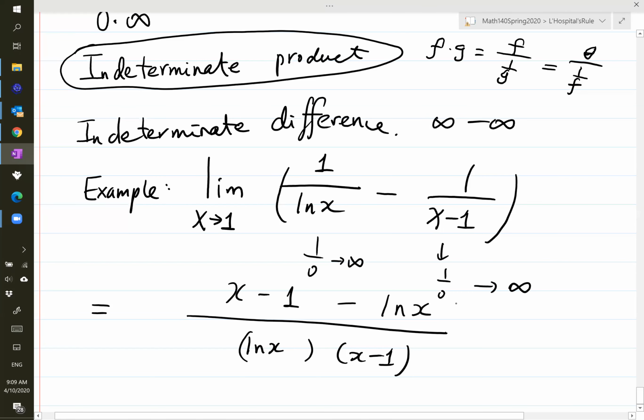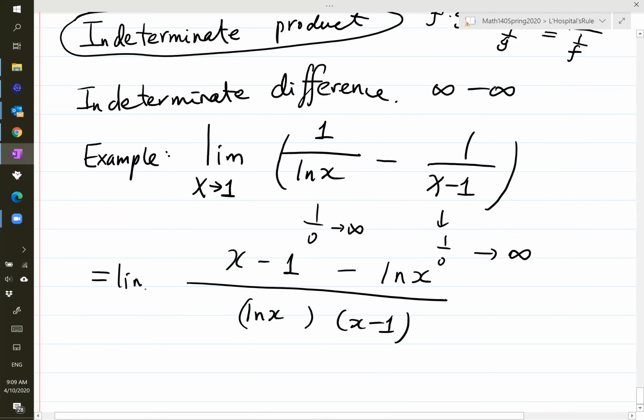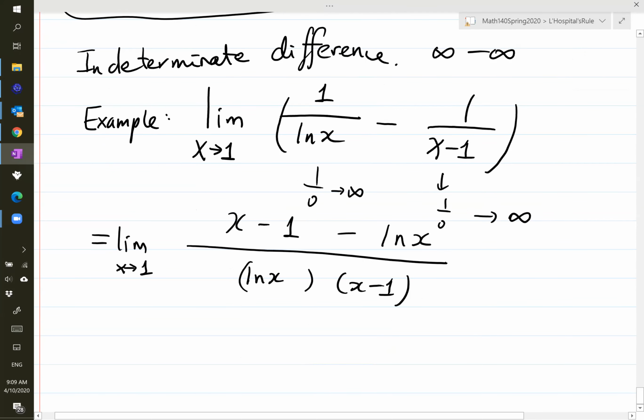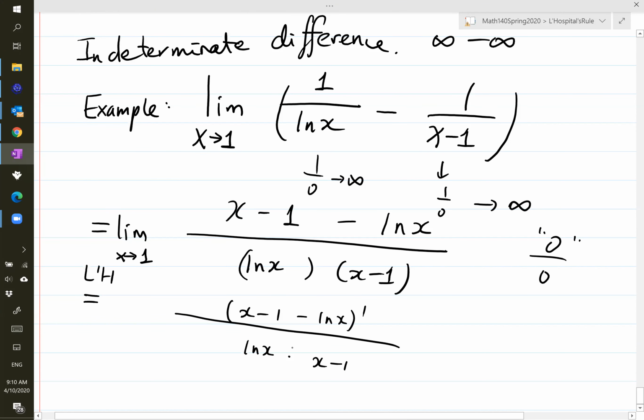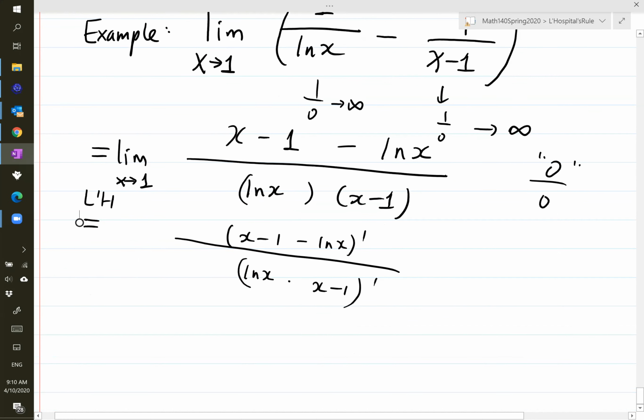Then this is 0 over 0. What we do is we use L'Hopital's rule. Then apply L'Hopital's rule.